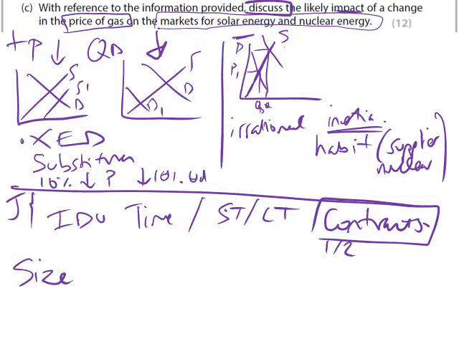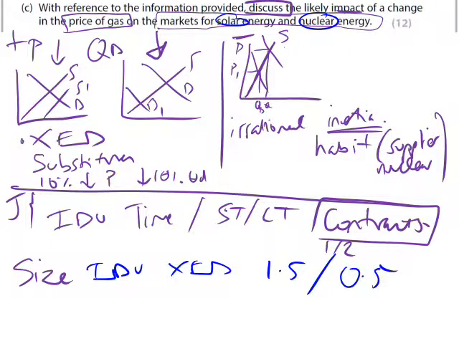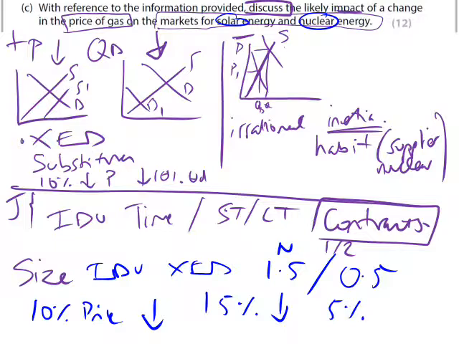In terms of the size, and this would be a good way to link the two markets of solar and nuclear, it would depend upon the size of that XED. So as an example, if the cross elasticity of demand between nuclear energy and gas was say 1.5, but the XED for solar was 0.5, then that 10% fall in the price of gas would lead to a 15% fall for nuclear, but only a 5% fall for solar.